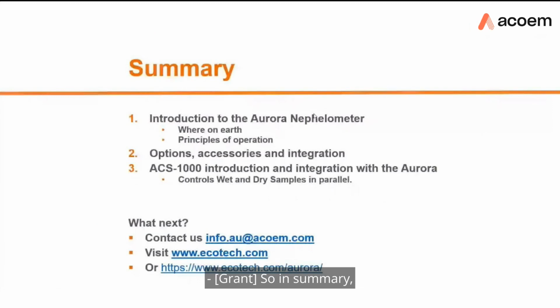So in summary today, we've covered an introduction to the Aurora Nephelometer. We said where on Earth it's used, given a number of different examples of the variety of particular applications and conditions it runs in, the basic principles of operation, and the various options and accessories that are available to make integration to your needs a lot easier.